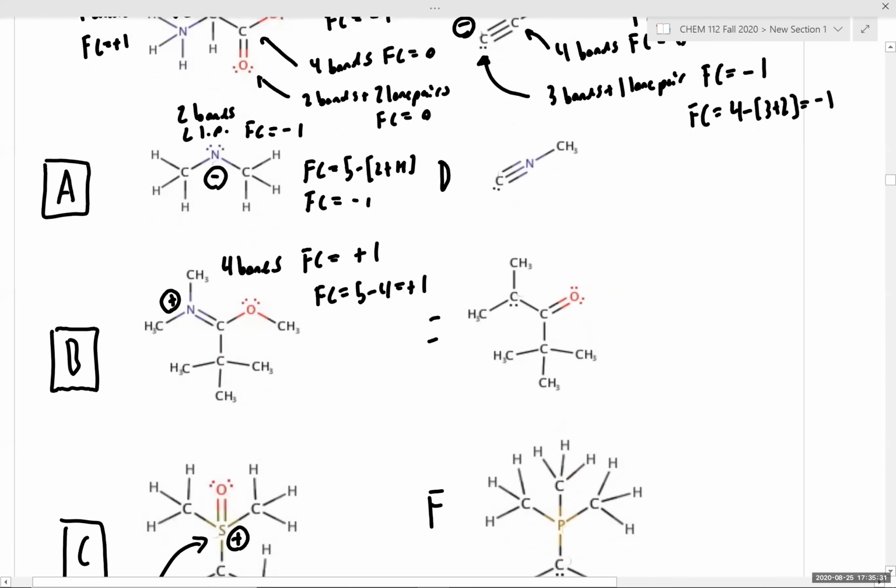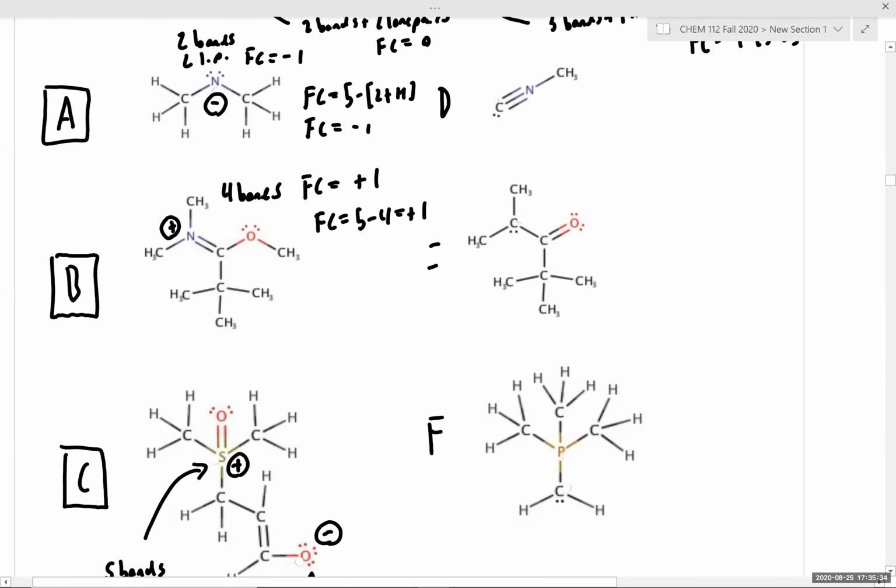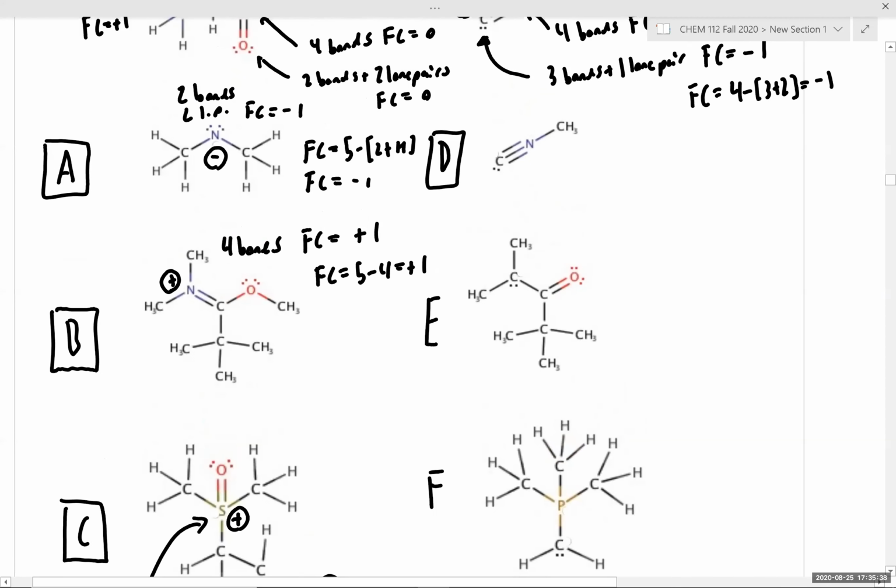Continuing on, let's look at structure D. Tell me, for structure D, are there any atoms with a non-zero formal charge? Carbon and nitrogen. Yes.